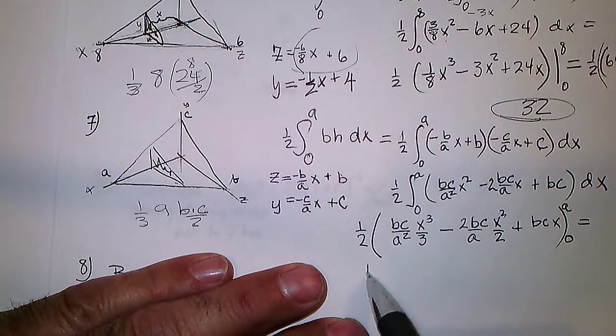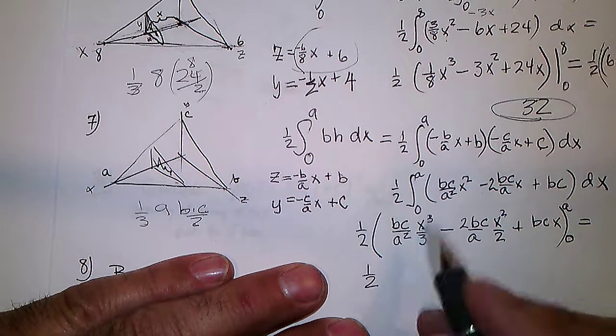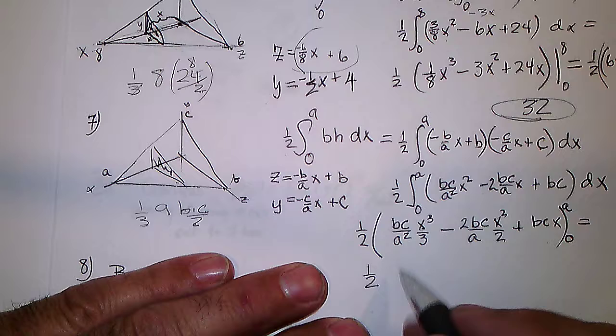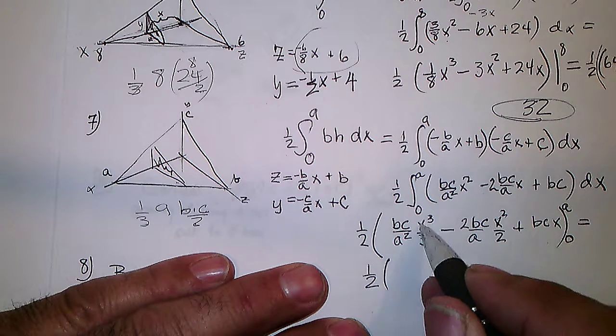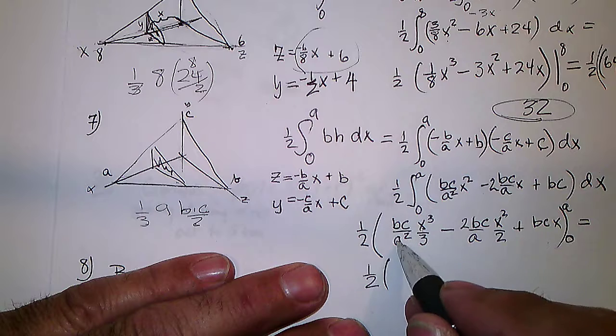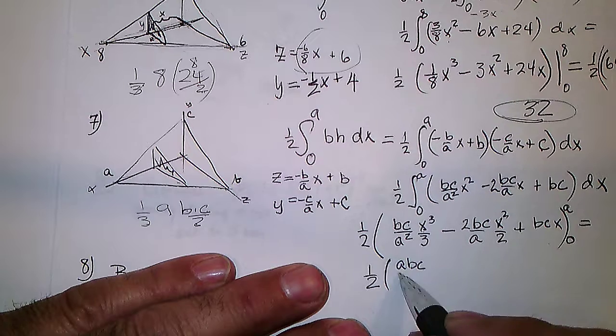So we get 1/2, a cubed over a squared is just a. When I put a in here, I get a cubed. A squared cancels 2 of them, so I get abc over 3.